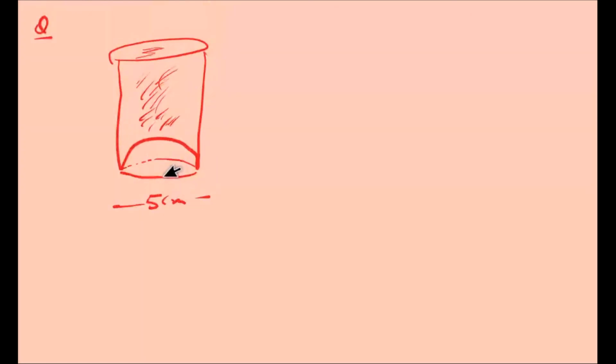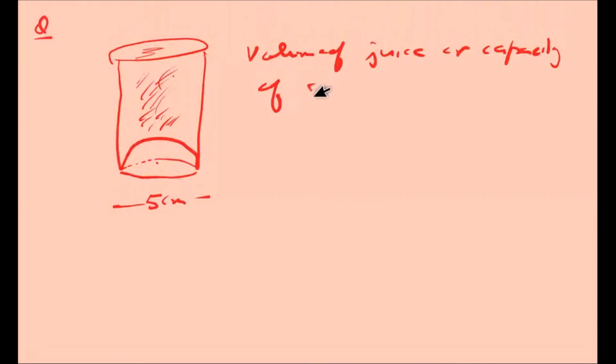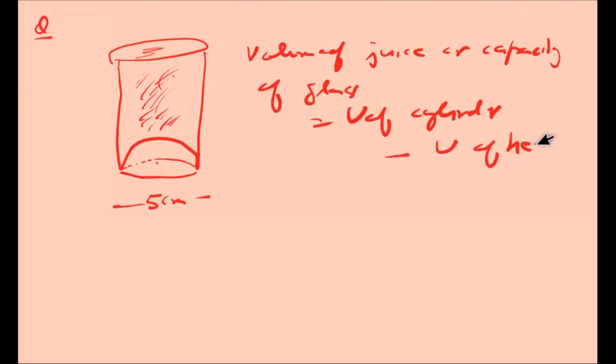The bottom of the glass had hemispherical raised portions which reduce the total capacity. The total cylinder minus this volume is the volume of the juice, isn't it? So volume of juice or capacity of glass is the volume of cylinder minus volume of hemisphere.